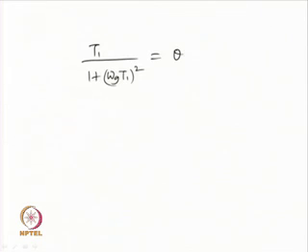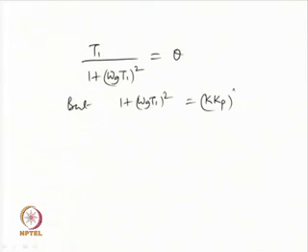is equal to theta. But earlier we have found 1 plus omega g T 1 square is k Kp square.